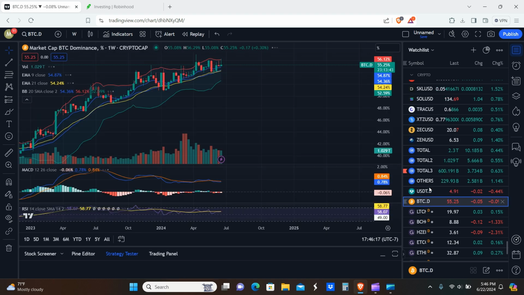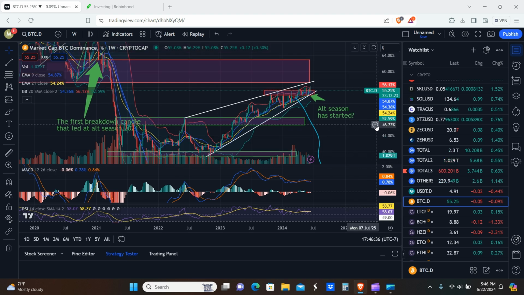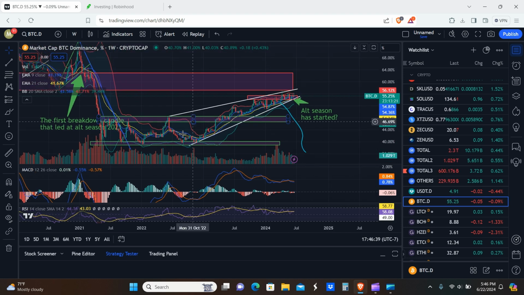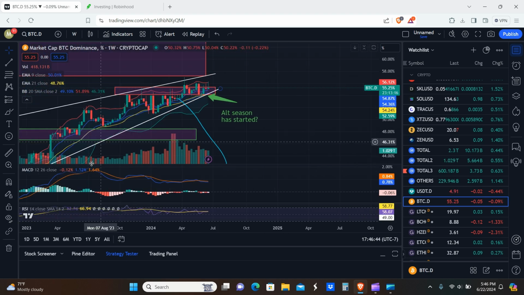What we're looking for in order for a lot of these other altcoin-related Grayscale trusts to fly to all-time highs is Bitcoin tops out, chops around, and then the money flows out of Bitcoin during that time frame into Ethereum and alts, moonshot, and we see that reflected here in the price action of the Bitcoin dominance. Again, we're looking for a break below the falling wedge here. As long as Bitcoin dominance is going up, Bitcoin dominates the market. When Bitcoin dominance falls off a cliff, altcoin dominance dominates the market.